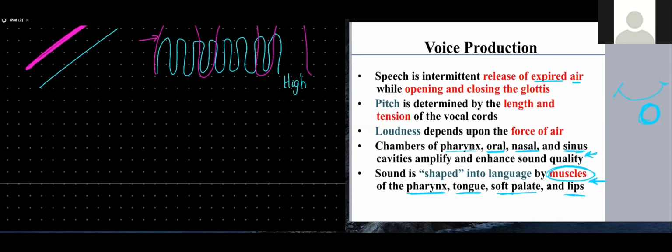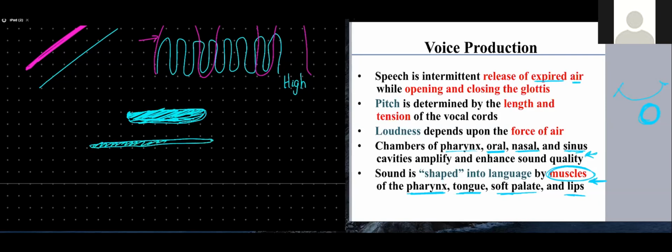So how can I do this with my vocal cords? What determines the thickness of the vocal cords is going to be the degree of stretch. So let's say this is the vocal cord from a side view. This is a relaxed vocal cord. So when I stretch this vocal cord, what's going to happen to its thickness?